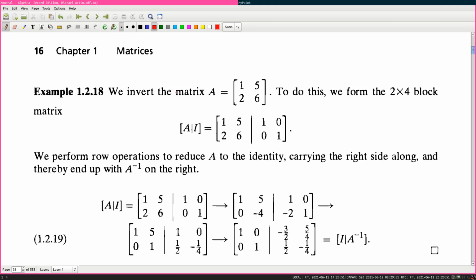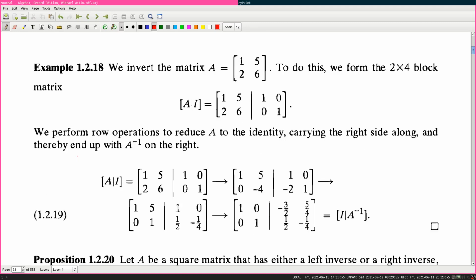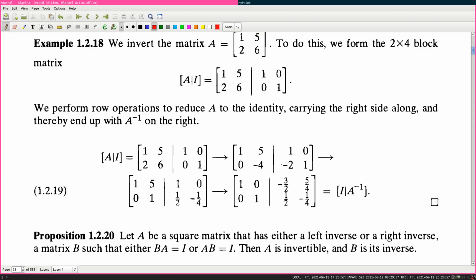We perform row operations to reduce A to the identity, carrying the right side along, and you'll end up with the inverse on the right. I don't like magic. I like when things are transparent, and this block matrix thing is magic, and I don't like that. But yeah, you do row operations to A, and you do the same operations to the identity.